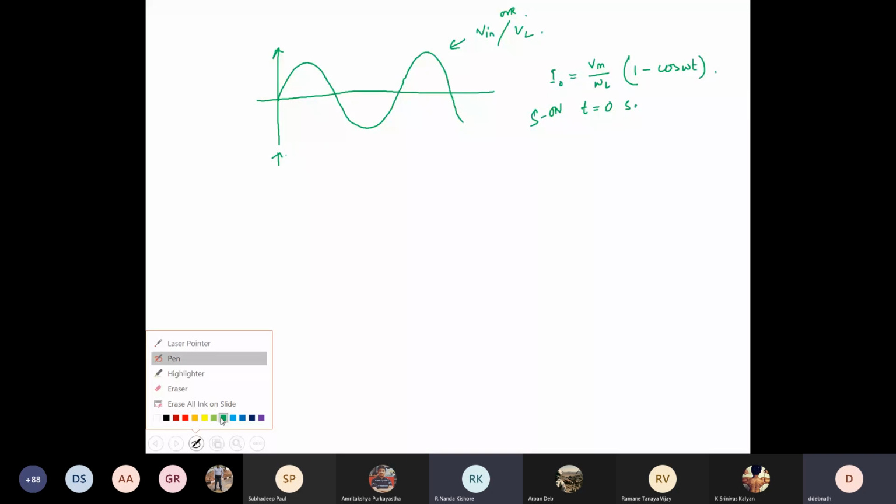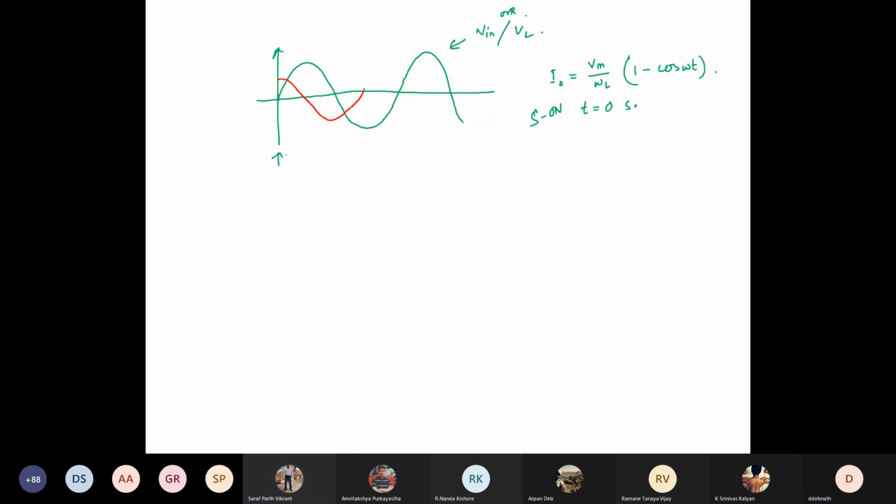The cos graph will start at 0, 0, and then it will be completely above the positive line. So let us try to draw the cos graph. Maybe something like this. Shouldn't it be IL instead of I0? Okay, we'll come back. Yes, I think I made a mistake.